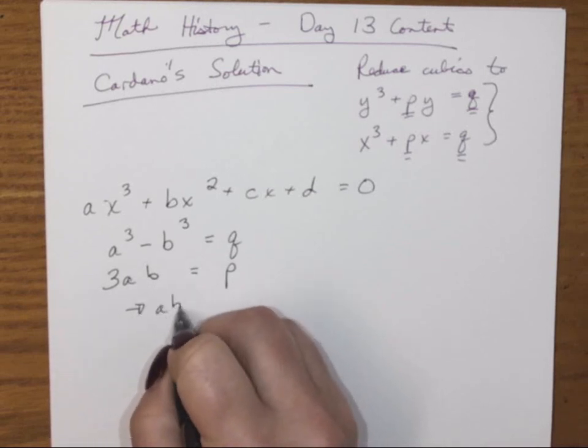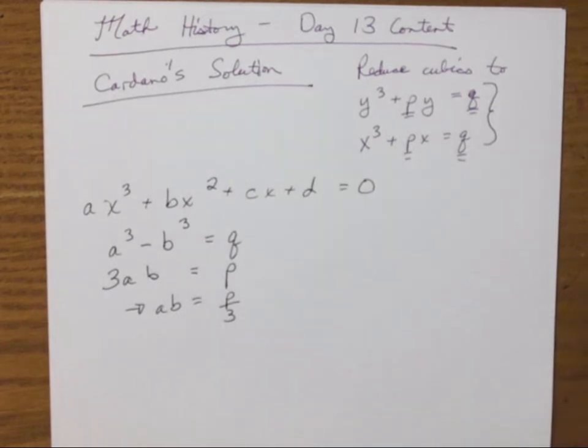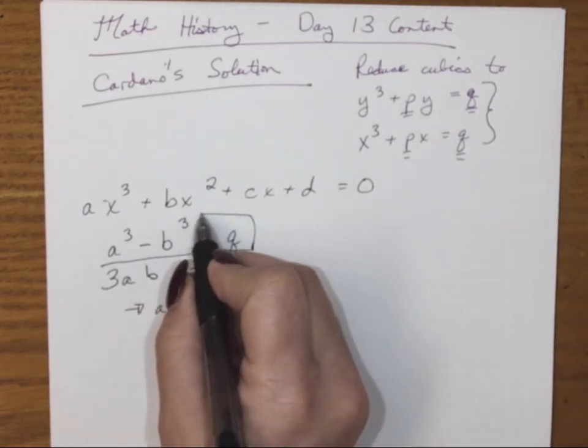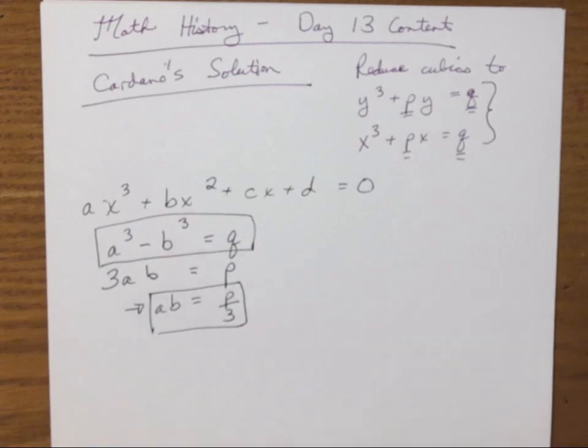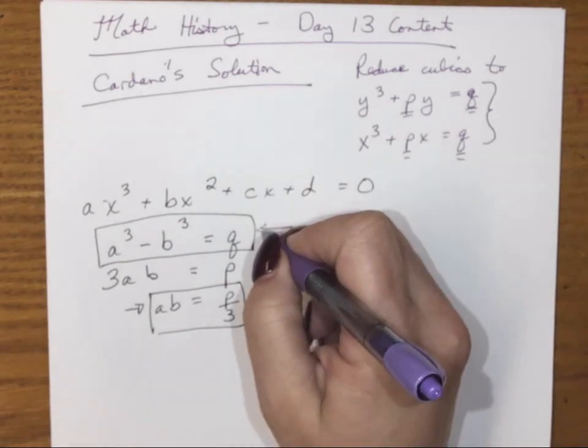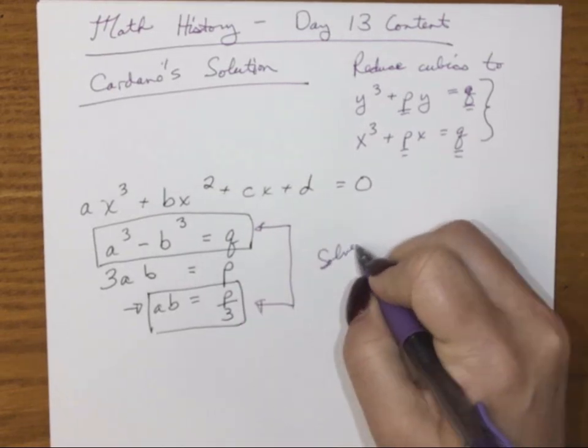So what he ends up doing is making this AB is p over 3. So he's going to use these two basic things. And when you do that, he's going to take that particular system of equations, this guy with this guy, and he's going to try to solve for A and B.